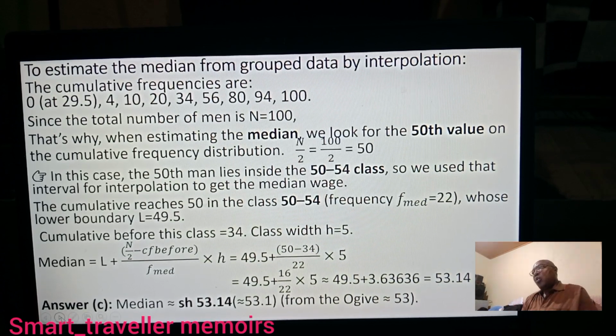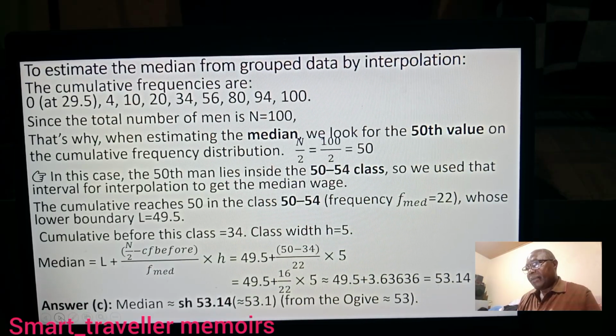We can also do estimation of the median using a method known as interpolation. Here, we begin with the cumulative frequencies. 0 will be represented by 29.5. Because the gap is too big, we start with 29.5. That is on the x-axis.